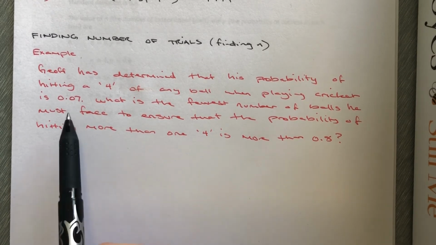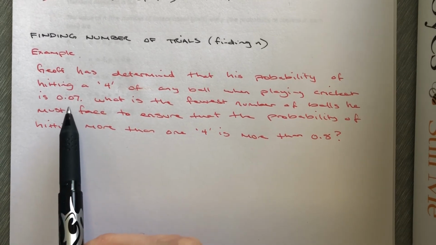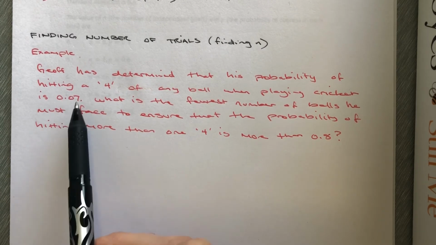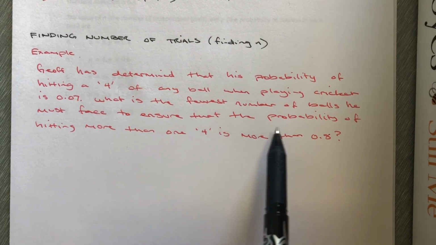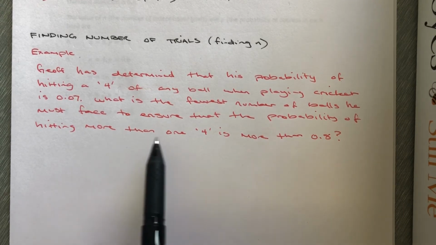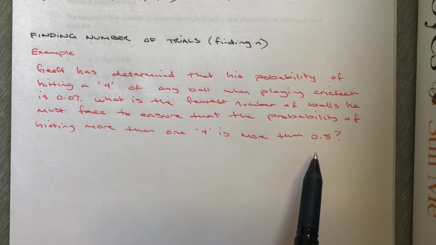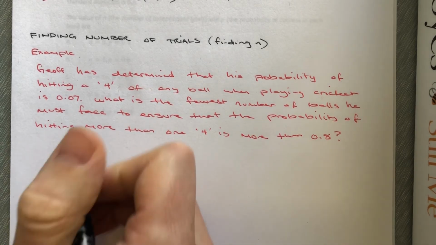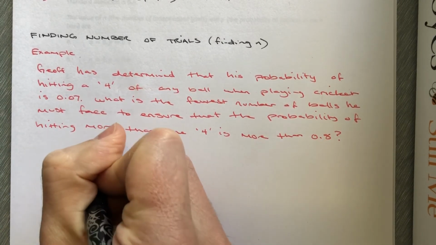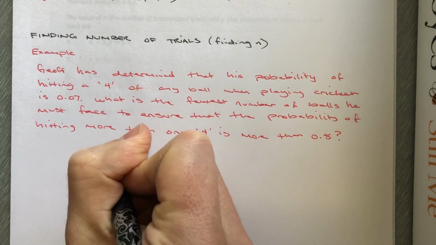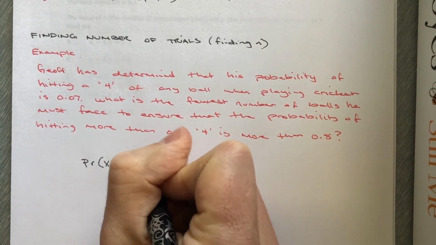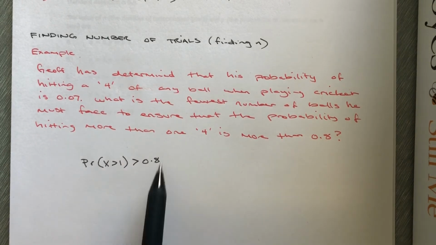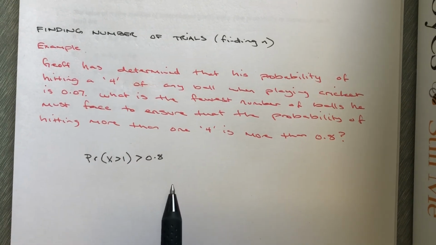Now we've been told what the probability of success is, which is 0.07, but we're trying to find the fewest number of balls he must face to ensure that the probability of hitting more than one 4 is more than 0.8. So we want the probability of more than one success to be greater than 0.8. This is where we start, and we have to go from here.